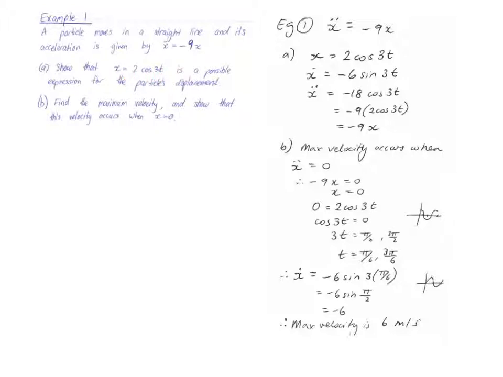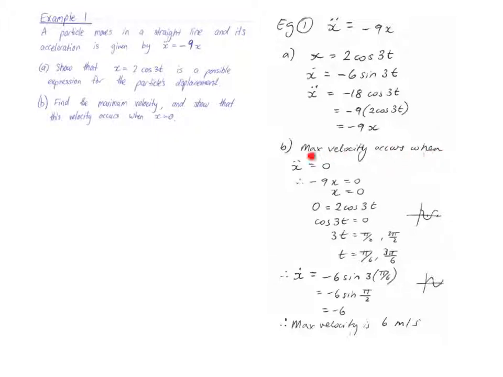So starting with x equals 2 cos 3t, differentiate to find the velocity, differentiate again to find the acceleration, and then just rearrange it so that you can see in the brackets there is the displacement. We've just shown that, which represents the acceleration equals negative 9x, which was what was given.